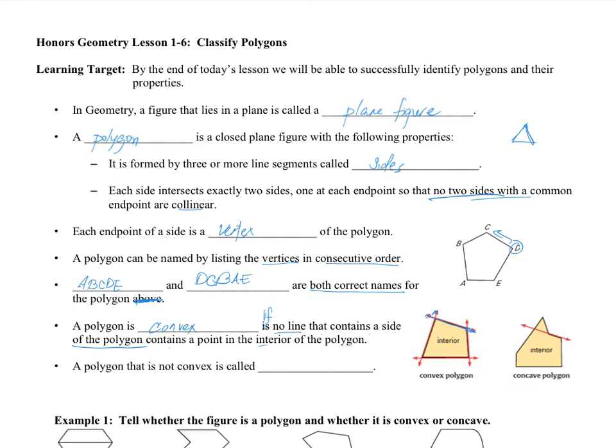So if I draw these 4 lines, they will never contain any points inside the polygon, versus a polygon that is concave. If you have a concave polygon, if you were to draw a line through this side, as you can see, you have points intersecting the interior of the polygon, and we don't want that. Now that will be considered concave.